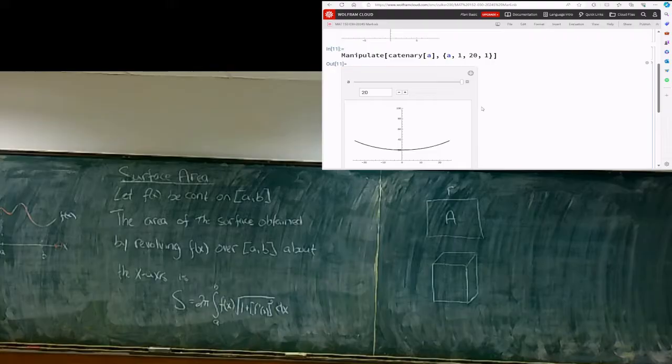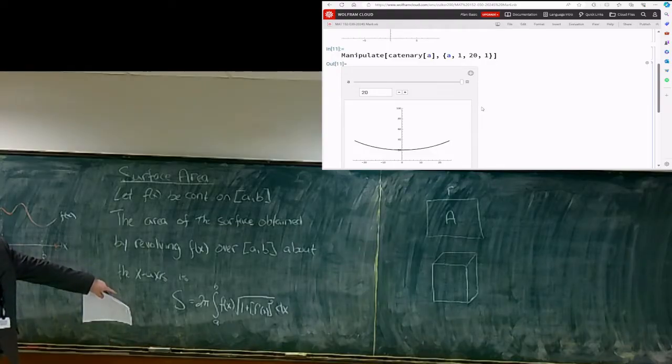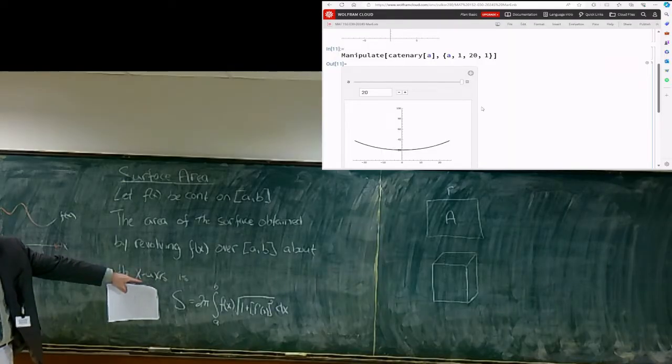Very similar to arc length. In fact, we just take the integrand of arc length and multiply it by 2 pi times the function. And that gives surface area. You thought arc length integrals were a pain. These ones really suck, because now you have that additional f of x there.